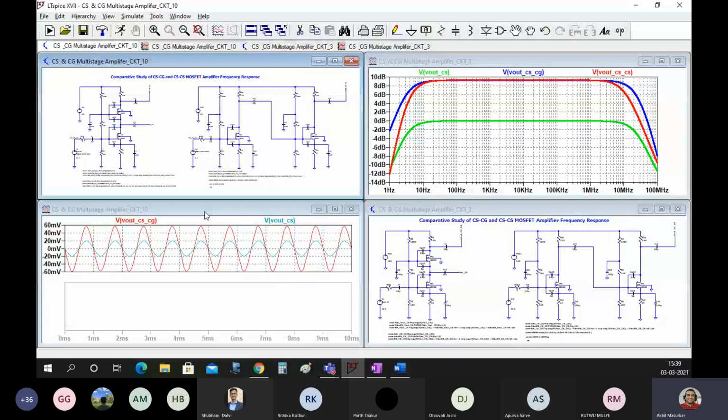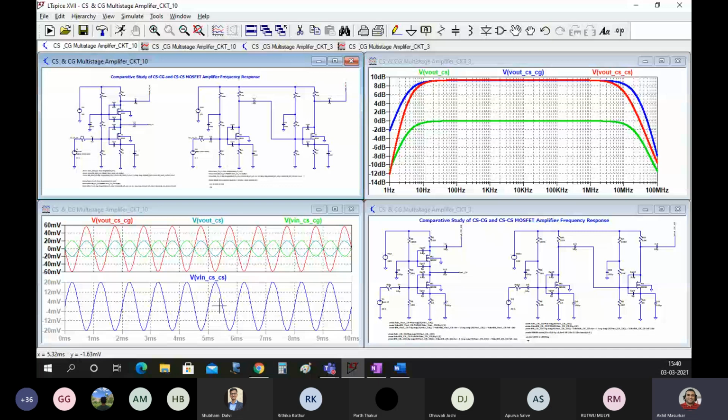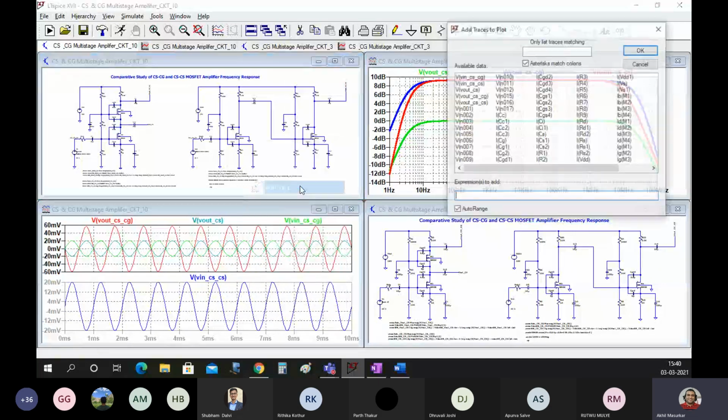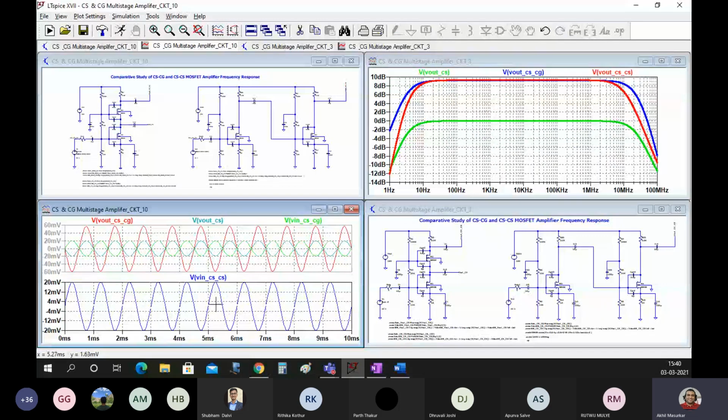Here we'll add Vin CSCG, here we'll add Vin CS, and here we'll add Vout CS.